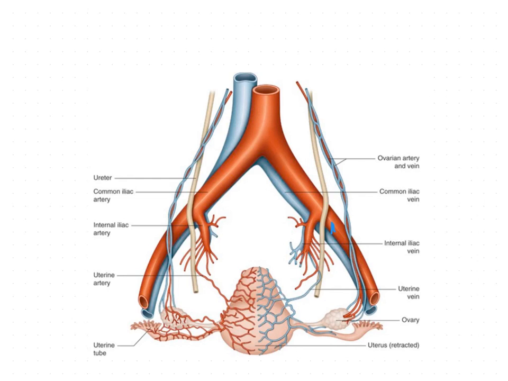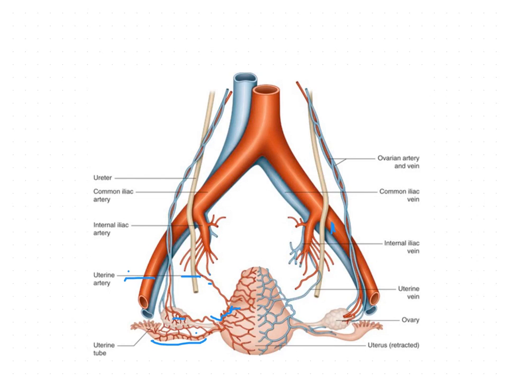Here you can find the uterine artery where the anastomosis is occurring, and this one is the uterine tube.